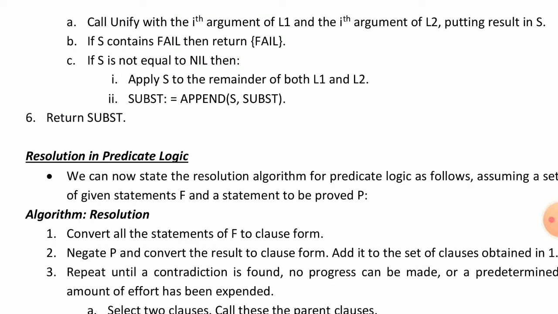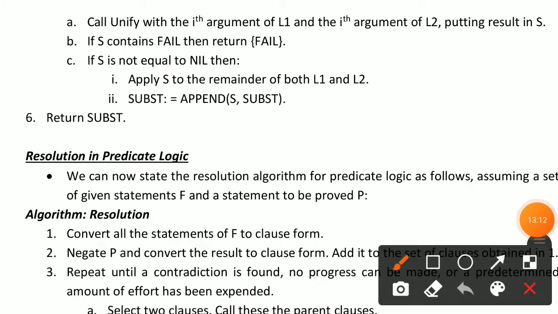Three possibilities are given in this step number 5. First, call Unify with the ith argument of L1 and the ith argument of L2, and put the result into S. Second, if S contains fail, then return fail.